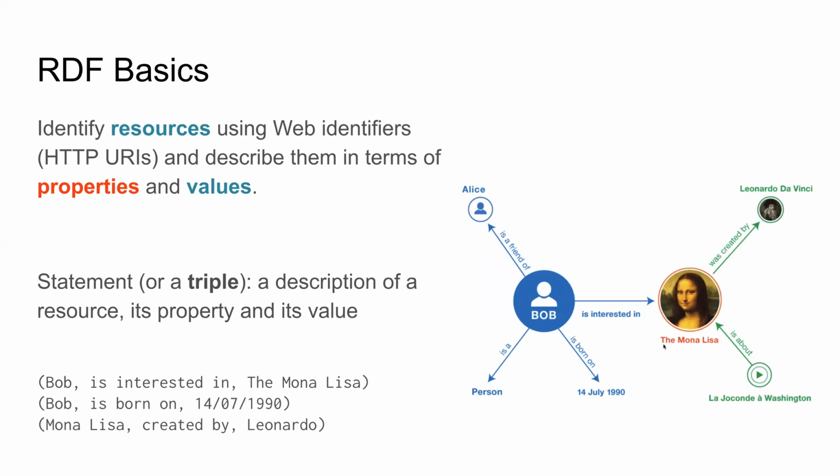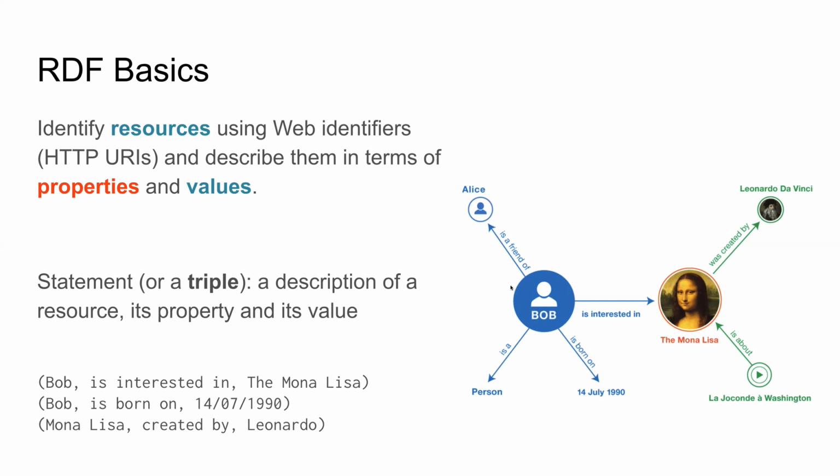Going back to the definition, we said RDF allows you to identify resources using URIs and to describe these resources in terms of properties and values. Once we do that, what we actually start doing is creating a small graph, which is a set of statements or a set of triples. A statement and a triple are the same thing, which can be considered a description of a resource, its property, and its value.